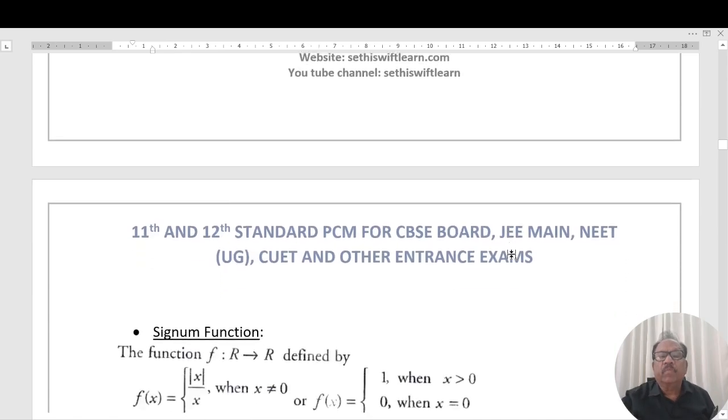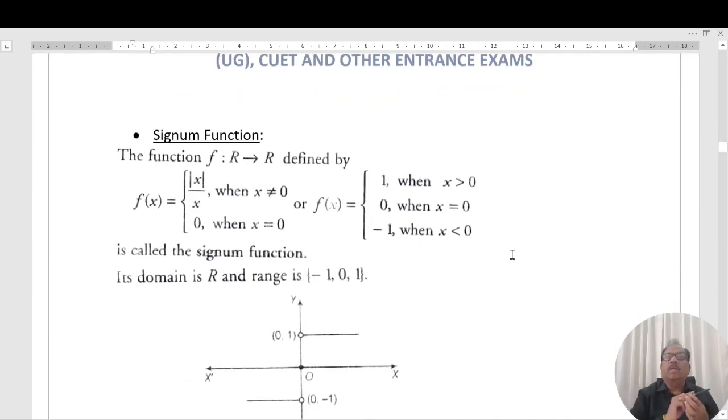All these results can be arrived at, right? Next question. Signum function. Signum function may be defined as f(x) equal to minus 1, 0, 1 for x greater than 0, x equal to 0 or x less than 0.